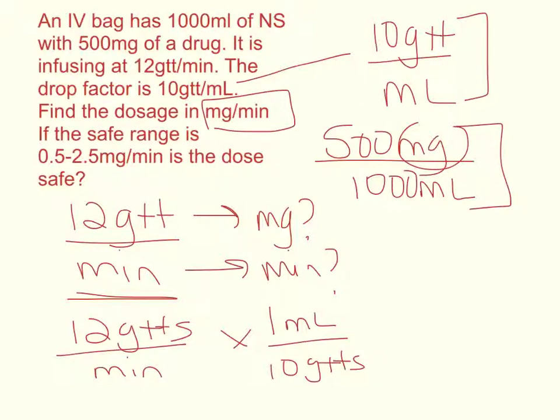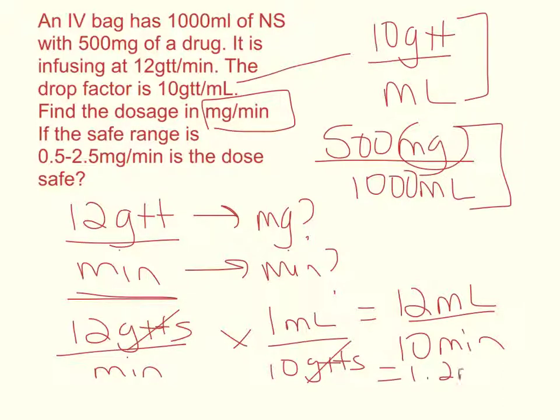We need that for our next fraction. We're interested in getting rid of the drops. So the drops cancel out, which gives us 12 milliliters over 10 minutes. And then if we divide that, we get 1.2 milliliters per minute. So that is the beginning of this question. 1.2 milliliters per minute is equivalent to 12 drops per minute.